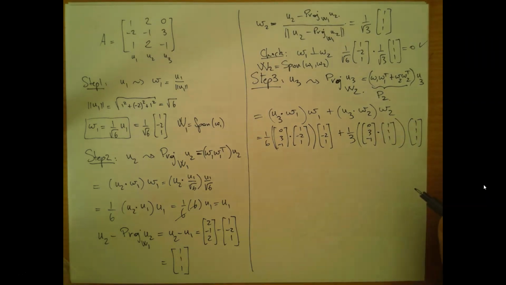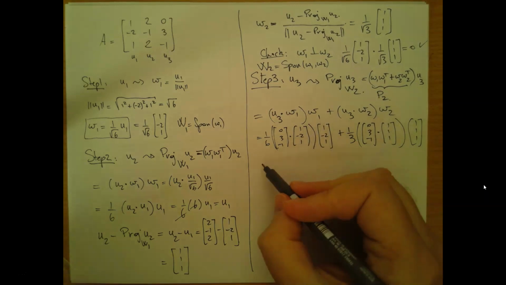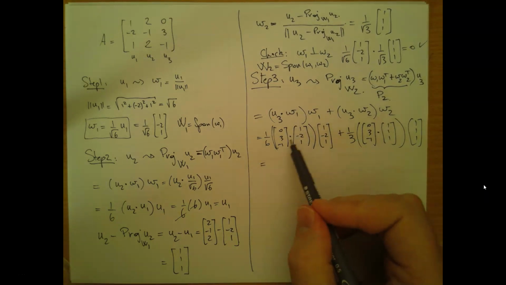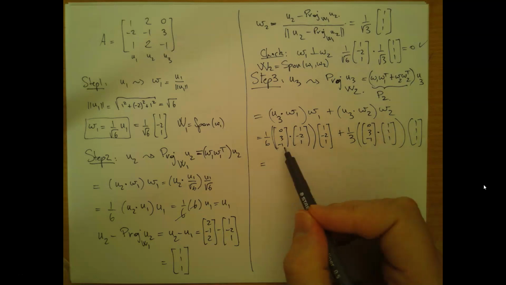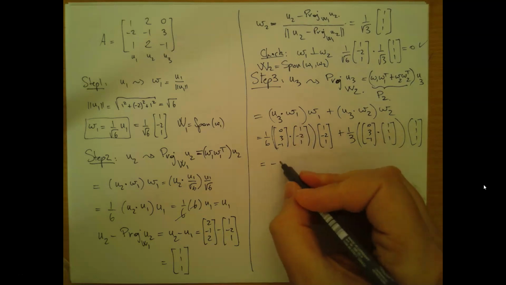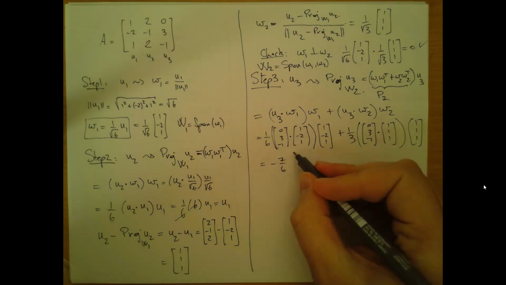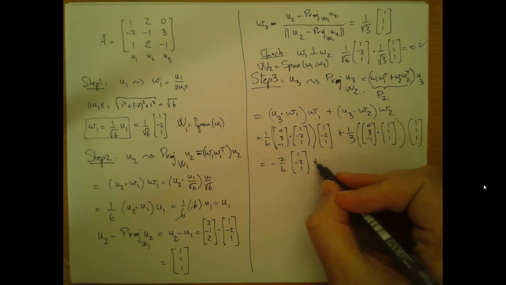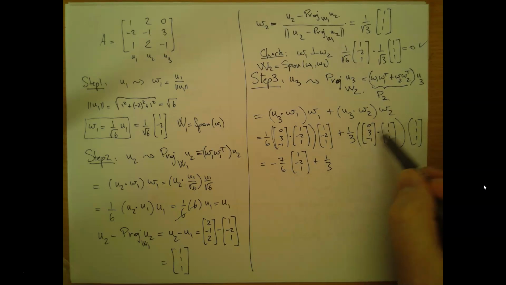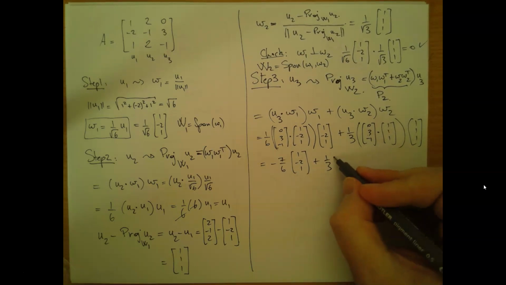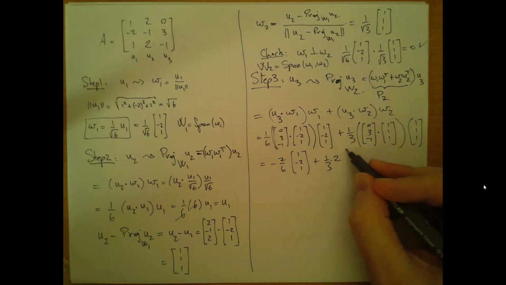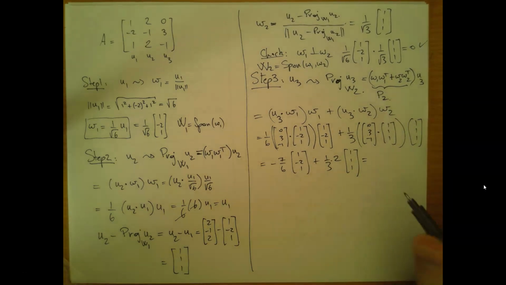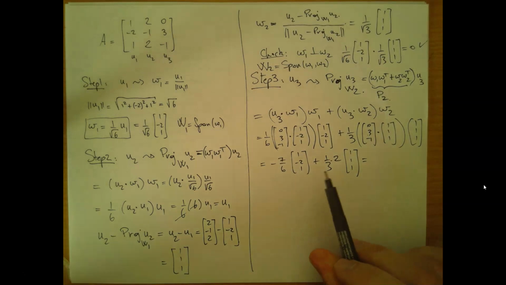Alright, we can do this. So 0 times 1, -6, -1, so -7 over 6, (1, -2, 1), plus a third, 0 plus 3 minus 1, that's 2, (1, 1, 1). Alright, we need to do some algebra here.